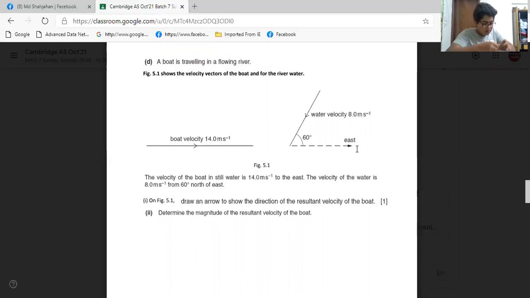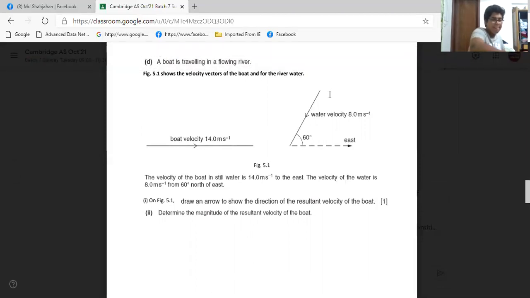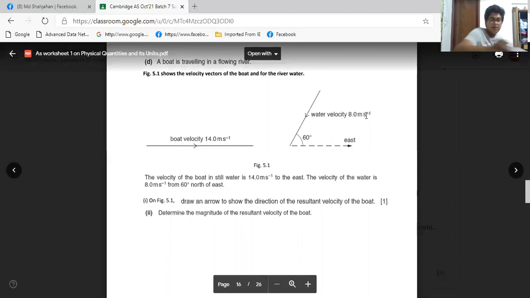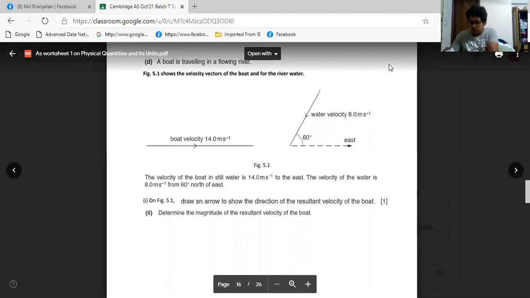So we have the angle, and the magnitudes of the boat velocity 14 and water velocity 8. So we can show it here, right? This boat velocity we can show here, 14.